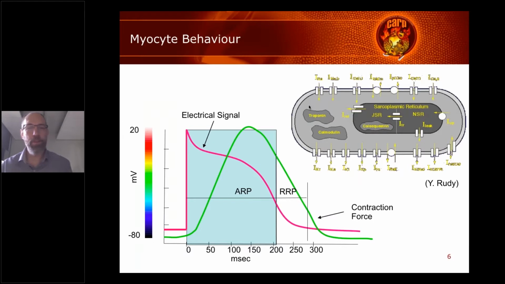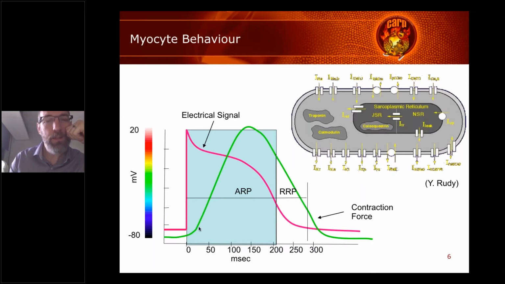So the cell. There's the action potential. This is if we place an electrode inside the cell and we give a short little stimulus. It doesn't have to be long, a millisecond. You start this process known as an action potential, which lasts for several hundred milliseconds. When the action potential starts, there is an influx of calcium.